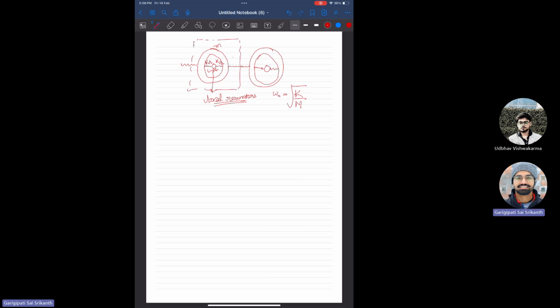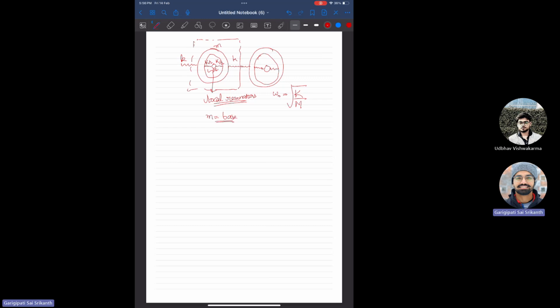So that mass acts like a base. So m is the base.